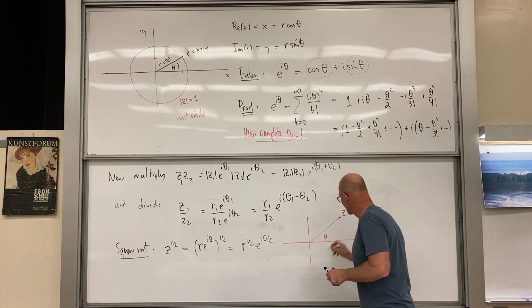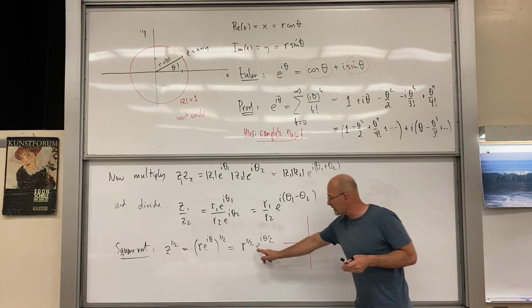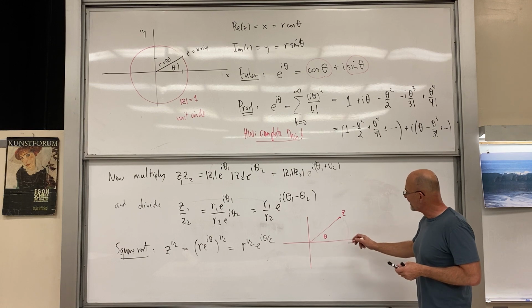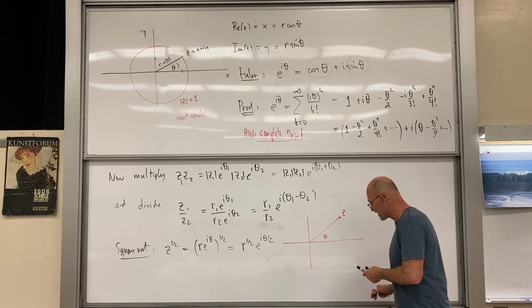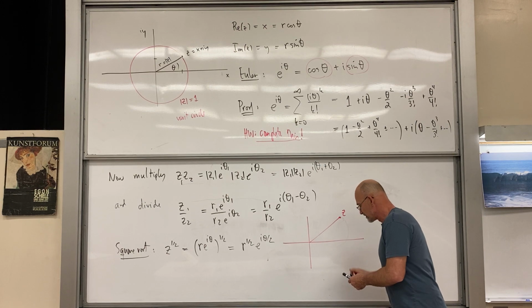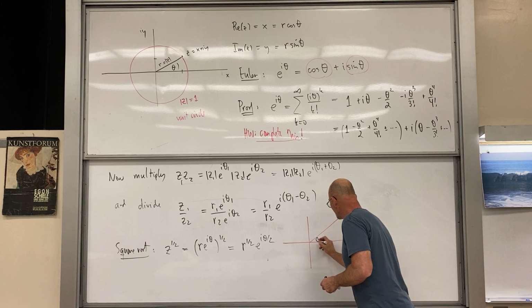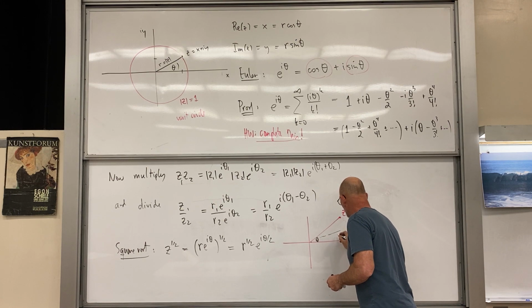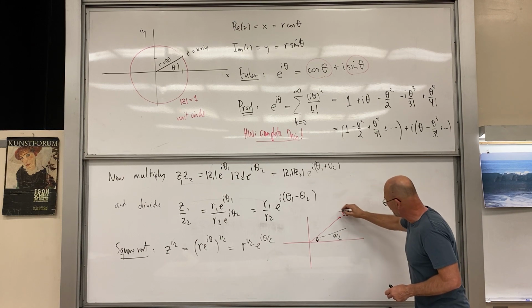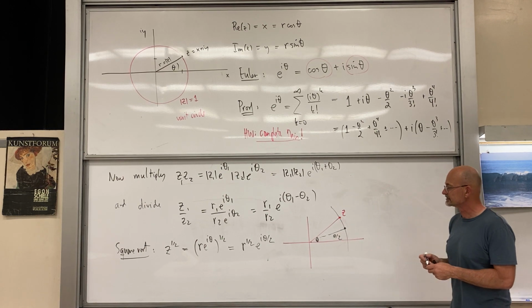There's the angle theta. It's simplest if you're on the unit circle, you don't have to worry about the length there. You're just on the half angle. So if that was theta, let's draw both of them in. If that was theta, then we would have theta over 2. So the square root would be here. If this were on the unit circle, the square root would be right there. Okay.